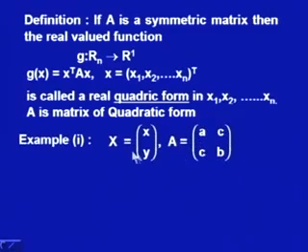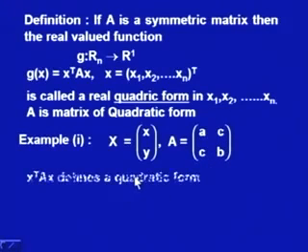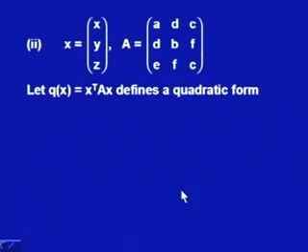For example, if I have a two-dimensional vector x, so we have (x, y) as a column vector, and A is a symmetric matrix, with a, b in the diagonals and c, c in the non-diagonal terms, then x transpose Ax defines a quadratic form, one can check it easily.